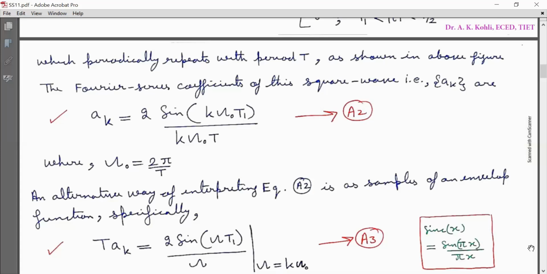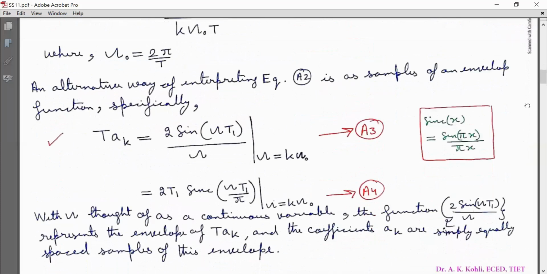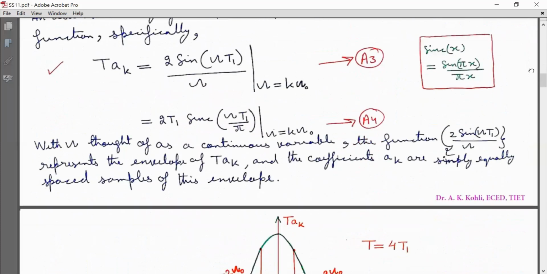This is the definition. Using this definition, I can rewrite equation A3 as T a_k is equal to 2T1 sinc(ΩT1/π), where Ω is equal to kΩ0. Mark it as equation A4.